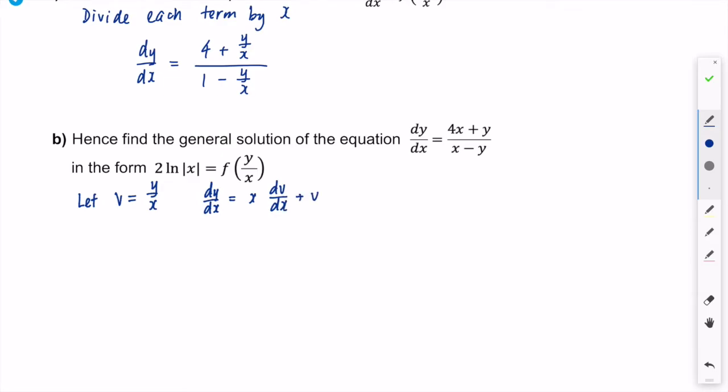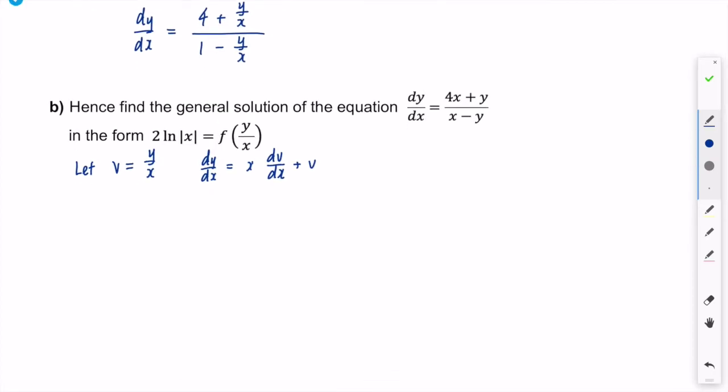That's from product rule again. And so I can continue with dy by dx as being x dv over dx plus v from the first part, and then 4 plus v over 1 minus v, right? Anytime I see y over x, I now call it v.